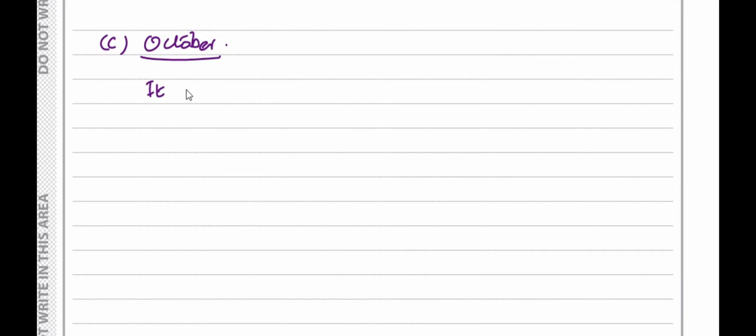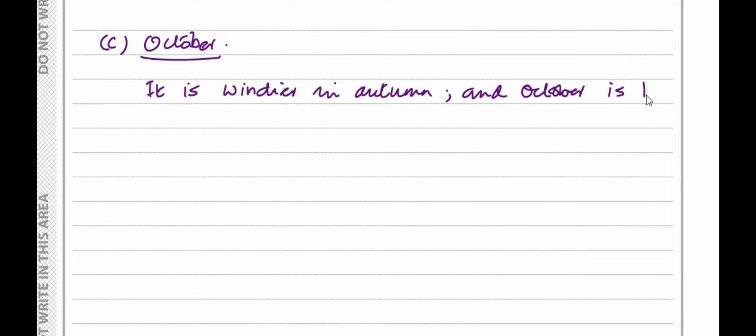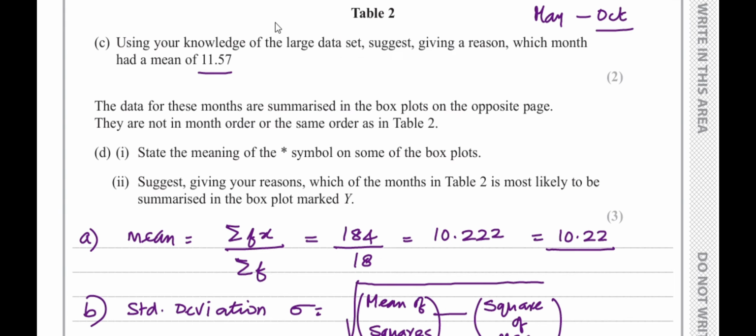It's windier in autumn and October is the last month captured in the large data set. You can write large data set abbreviated as LDS.